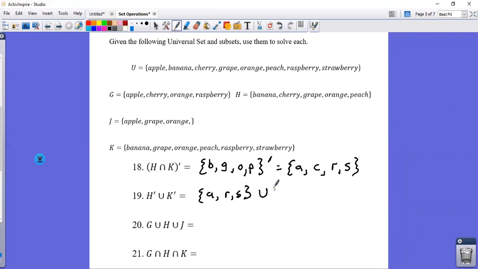I'm going to union that with everything that's not in K, 1, 2, 3, 4, 5, 6. So there's only 2 things missing in K, which is the apple and the cherry. And now union is to put those 2 together. Just don't write anything twice. So the apple's there twice, just write it once. The cherry, the raspberry, the strawberry.